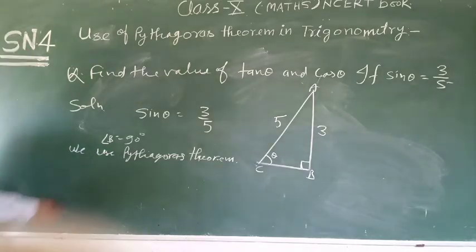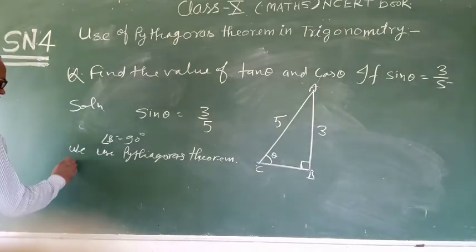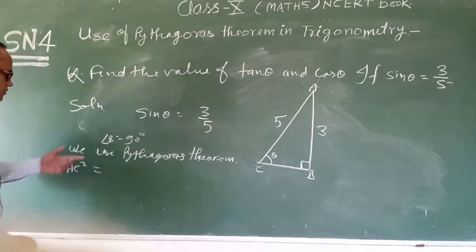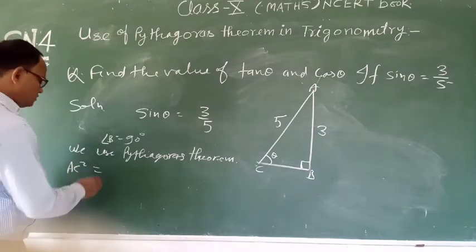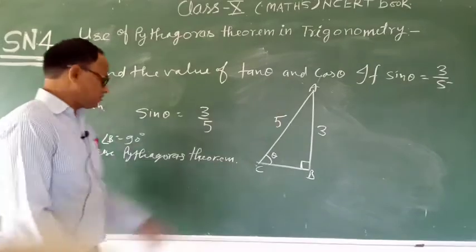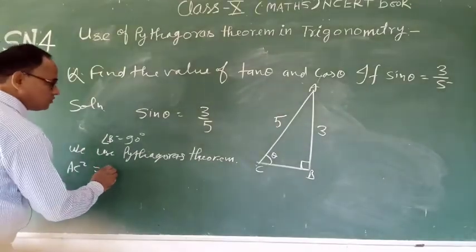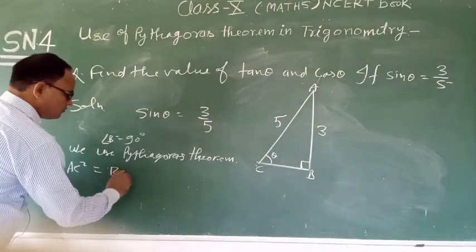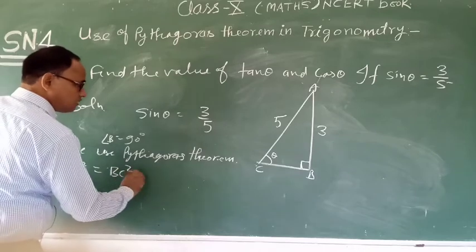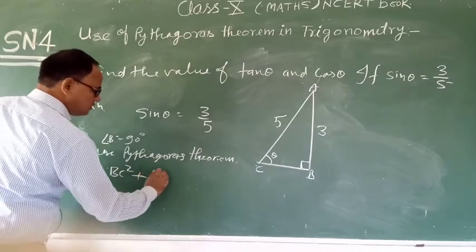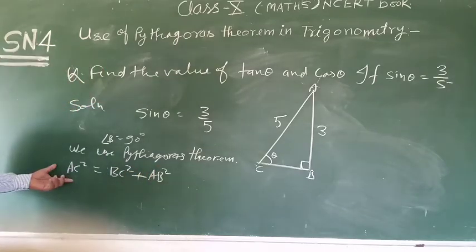Okay students, here we can write AC square, hypotenuse square, according to Pythagoras theorem. Hypotenuse square is equal to base square plus altitude square.